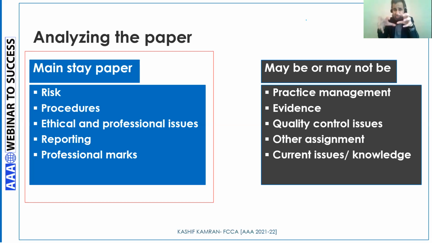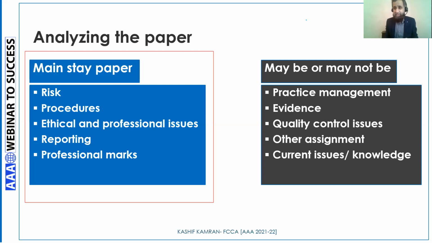This is the mainstay of the paper. So what you should do over the next 1 week: improve your answers on risk, improve your answers on procedures, improve your answers on ethical and professional issues, improve your answers on reporting and professional marks. Because this is the mainstay of the paper, which has to come every single exam sitting.